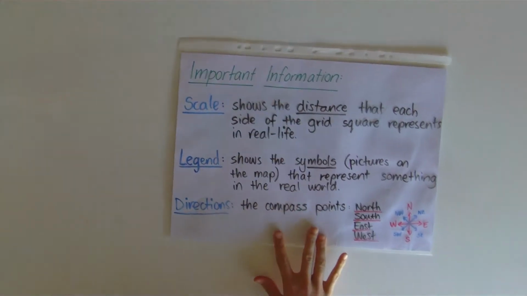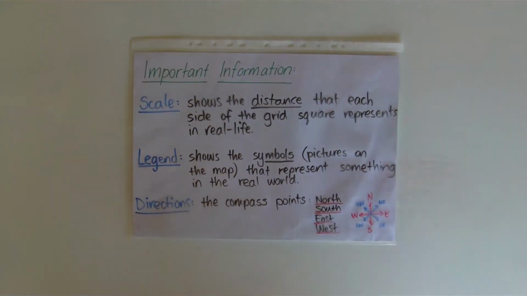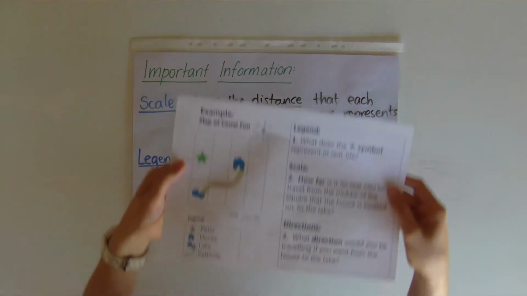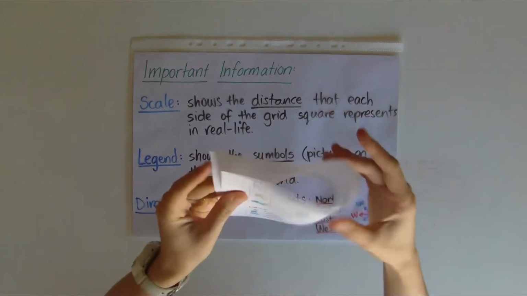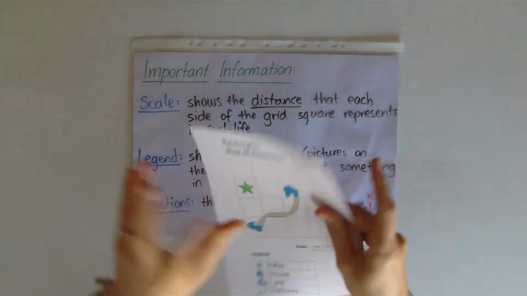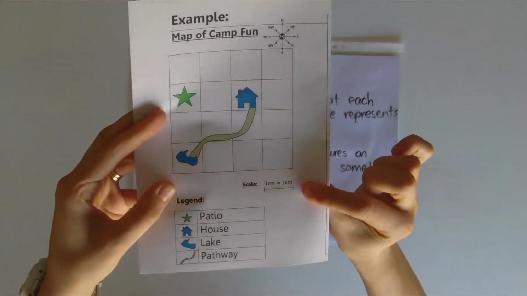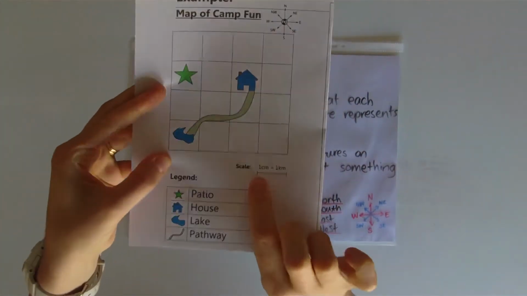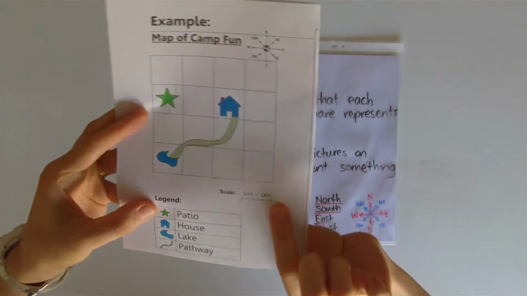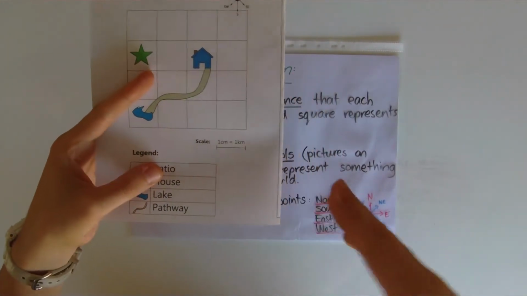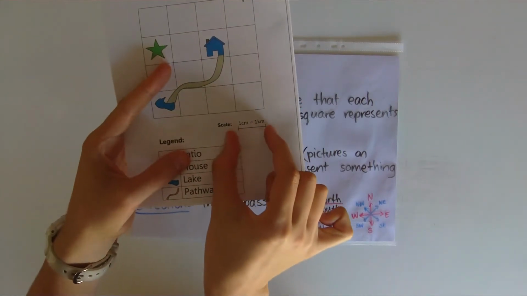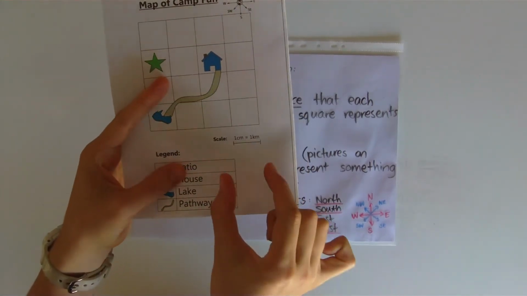Let's start off with some important information and definitions. Scale, basically the scale on a map, shows the distance that each side of the grid square represents in real life. I have an example map here. As you can see, the scale is shown here, and it says that the distance between this line and this line over here is 1 kilometre in real life, and we're pretending that it's 1 centimetre on the paper.